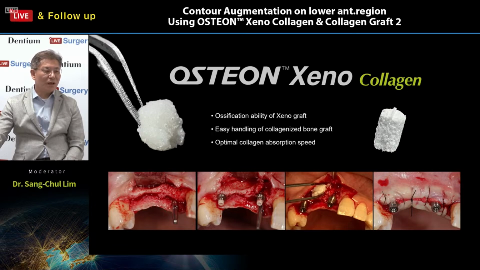So easy molding, easy handling, easy soaking, and optimal collagen absorption speed is achieved for this defected area. It is a very important factor to make new bone formation when you have a GBR procedure or bone contour augmentation.